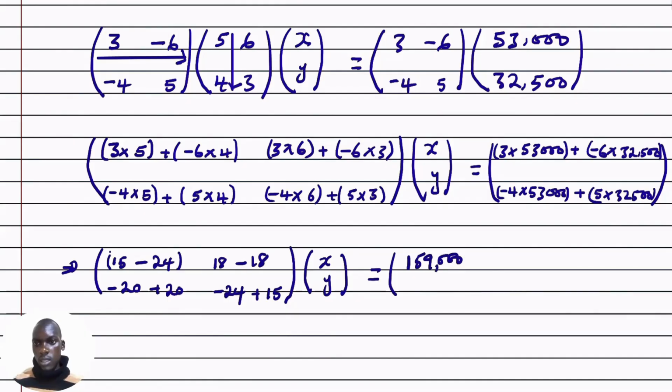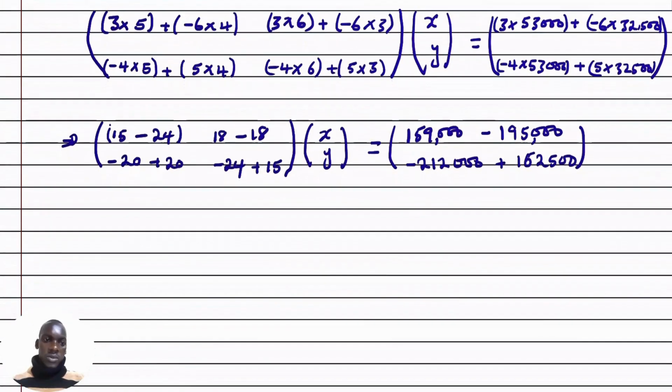Then negative 6 multiplied by 32,500 gives negative 195,000. Then negative 4 multiplied by 53,000 gives negative 212,000. Then 5 multiplied by 32,500 gives positive 162,500.